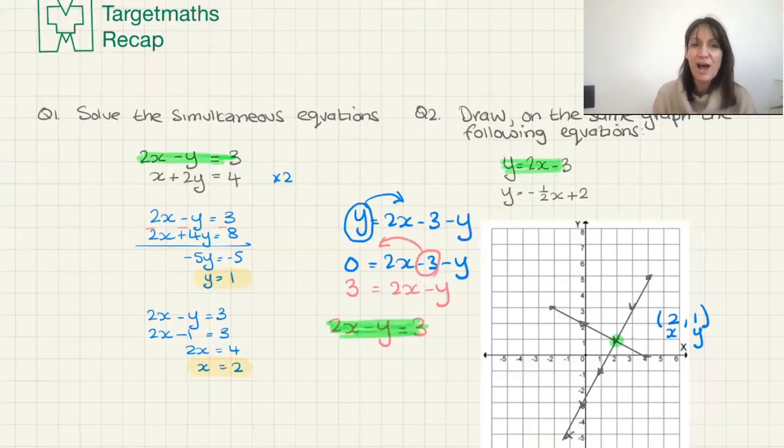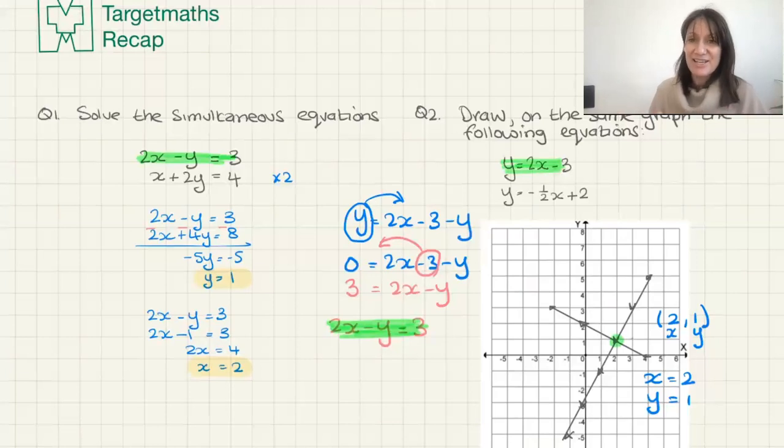They can be graphed to give straight lines, which means we've got two ways to find solutions for simultaneous equations. We can either use our algebraic method, or we can graph the lines and just look to see where they cross. So if I was asked to solve the simultaneous equations that had been given to me in a graph, then I would be saying x is equal to 2 and y is equal to 1, because that is the crossing point.